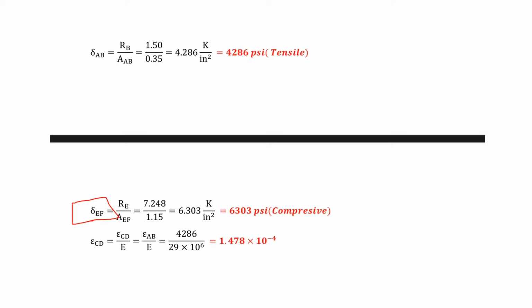And finally, we want the value of strain CD. So stress over E, where E is given as 29 times 10 to the power 6 psi. We cancel out the units psi, so it's unitless. 1.478 times 10 to the power 4 is the final answer for this problem.